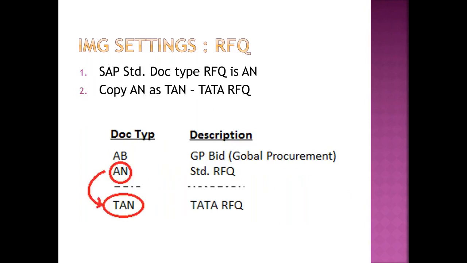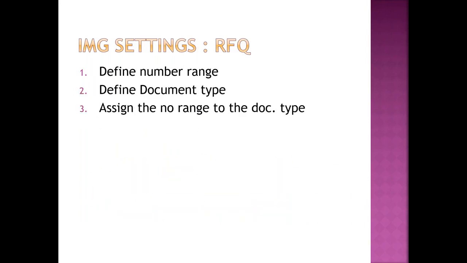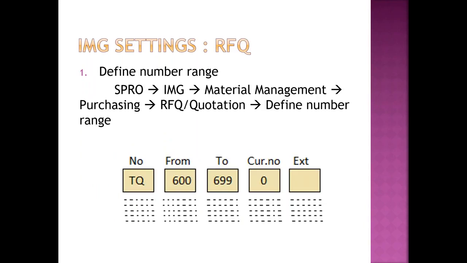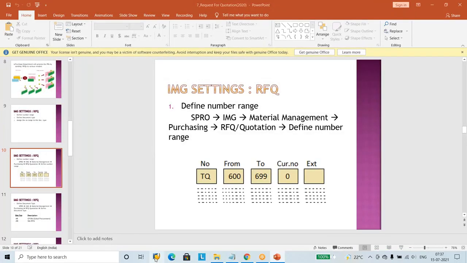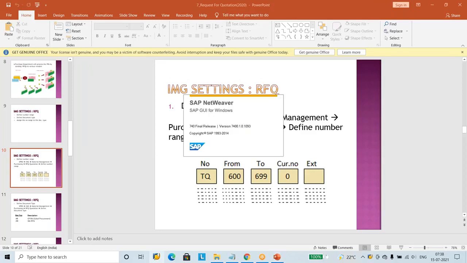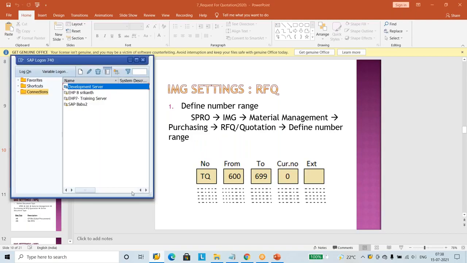So let us do the RFQ settings from here. Okay, let us go to the backend of SAP. As a consultant in the backend, there are three steps we are going to do. First, jump into the system. Do you have any questions? You can stop me at this moment. Nikhil, come. Yes, right. Let us start. Jump into the system. Log into SAP.